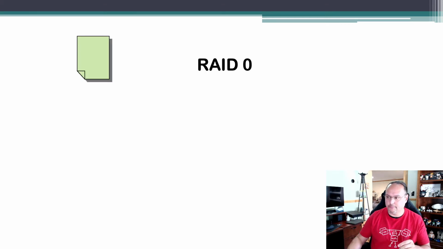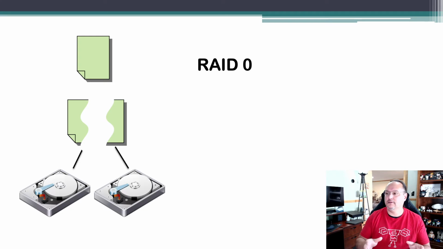Let's talk about the next RAID idea here. RAID 0. I take my data, I split it, and I write half to one drive, half to the other. Now, if all drives are the same and it's all 1 terabyte, I'm getting 2 terabytes of use, which is great. The money I spent, I'm able to utilize it all for the capacity.